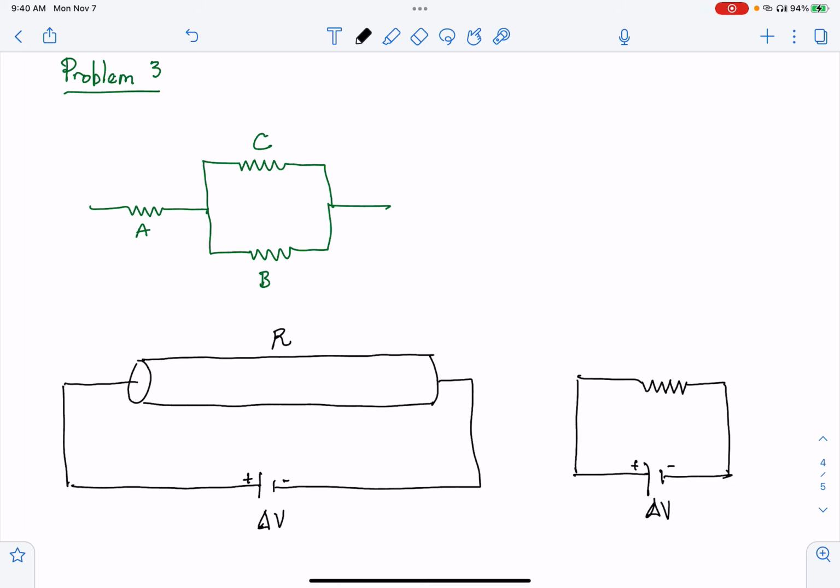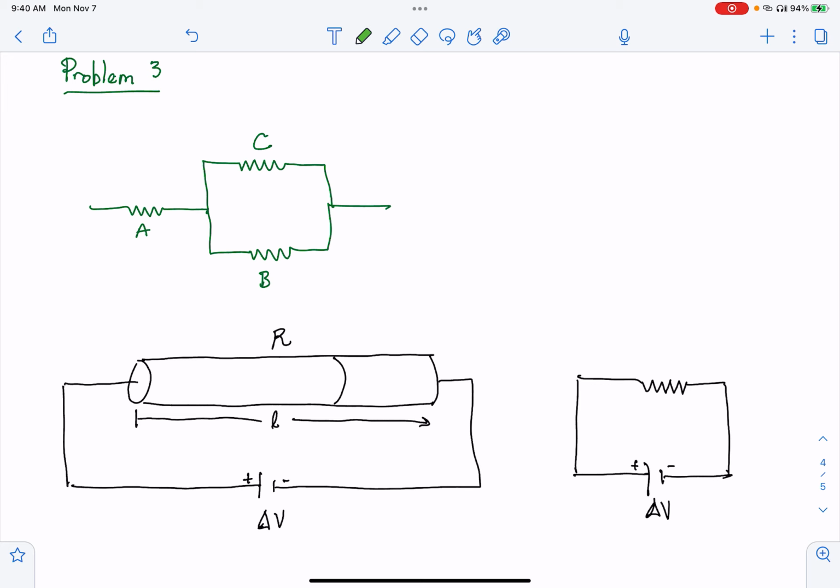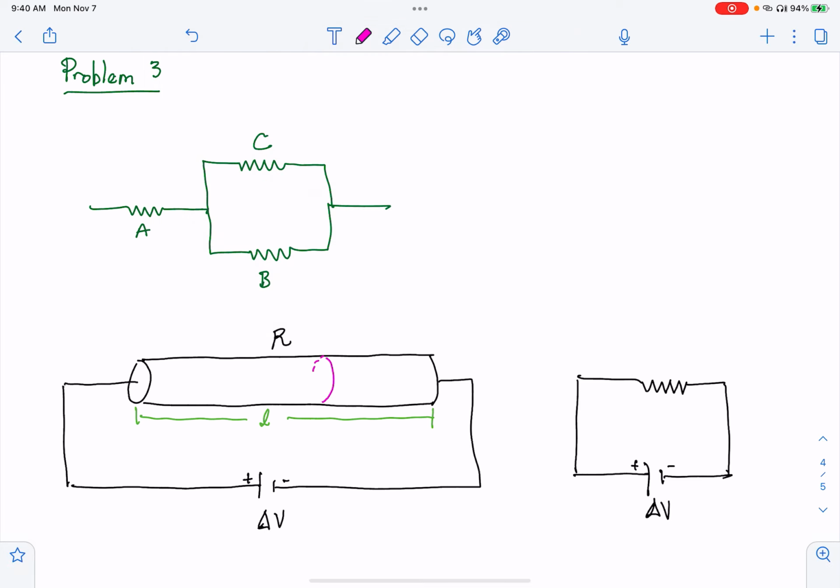So this R, or this conductor, has a length associated with it. It has a cross-sectional area associated with it, which in this case is just going to be pi r squared, r being the radius.